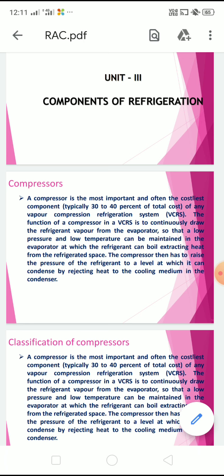The compressor then has to raise the pressure of refrigerant to a level at which it can condense by rejecting heat to the cooling medium in the condenser.